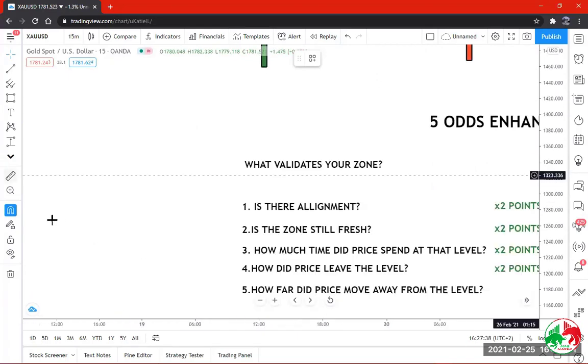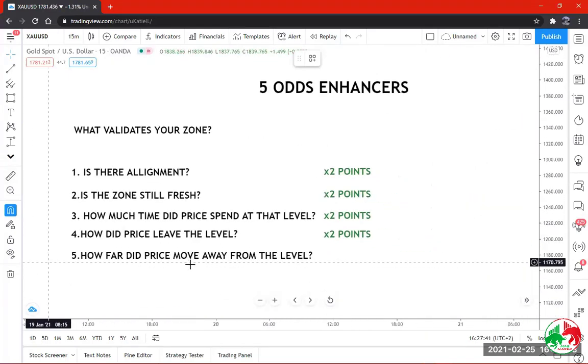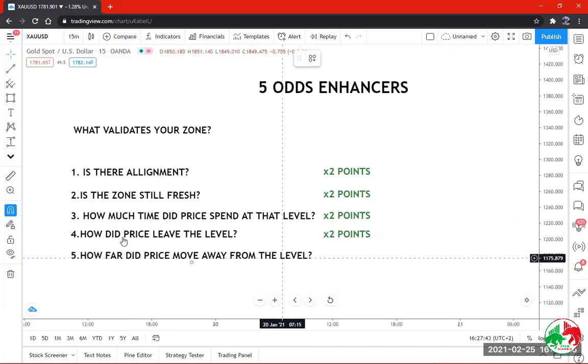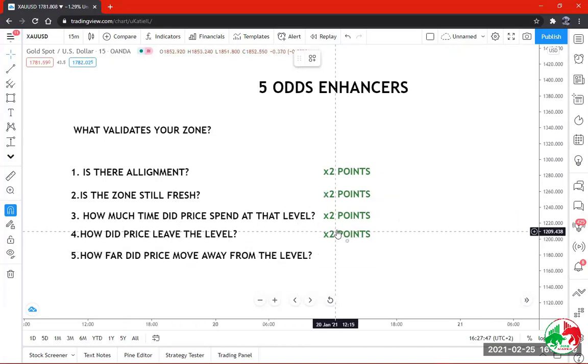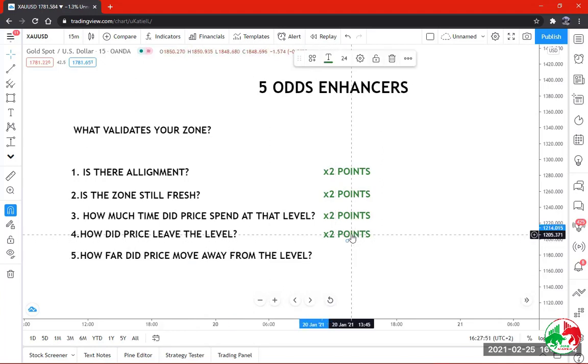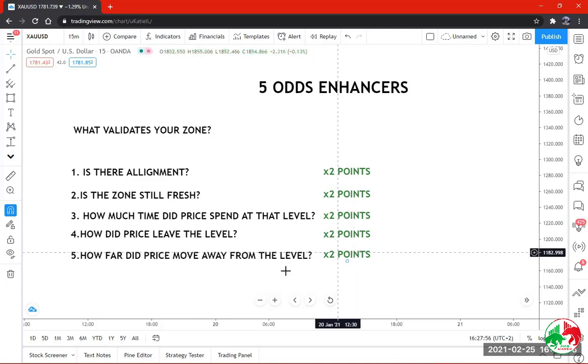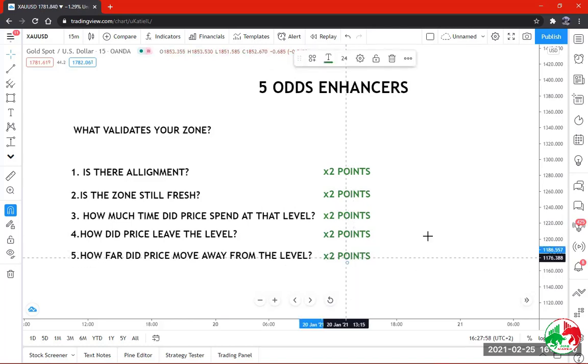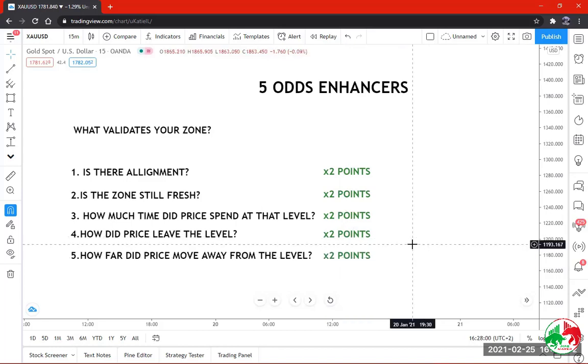So how far did price move away from the level? Is this one clear? Yeah, very clear. Okay, so if price moved at least more than three times the initial zone, then you get 2 points, and the zone is valid.